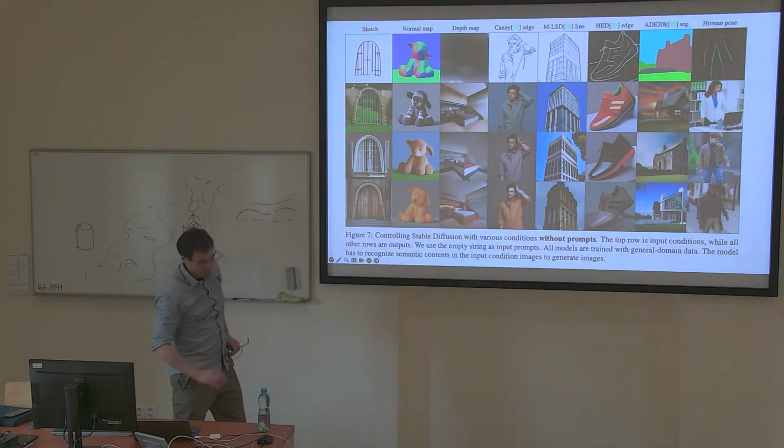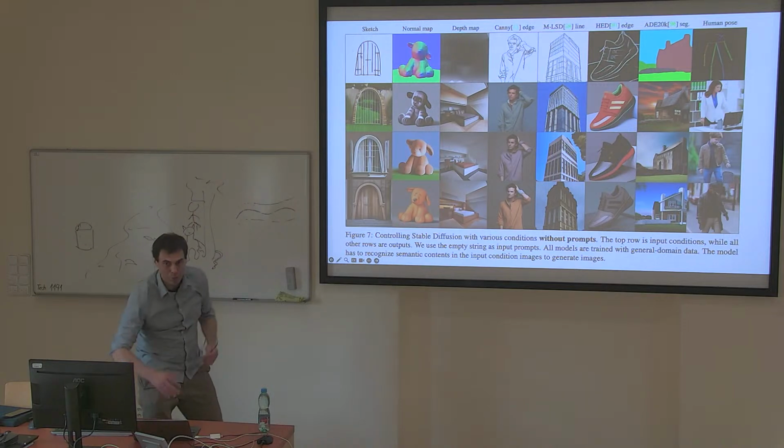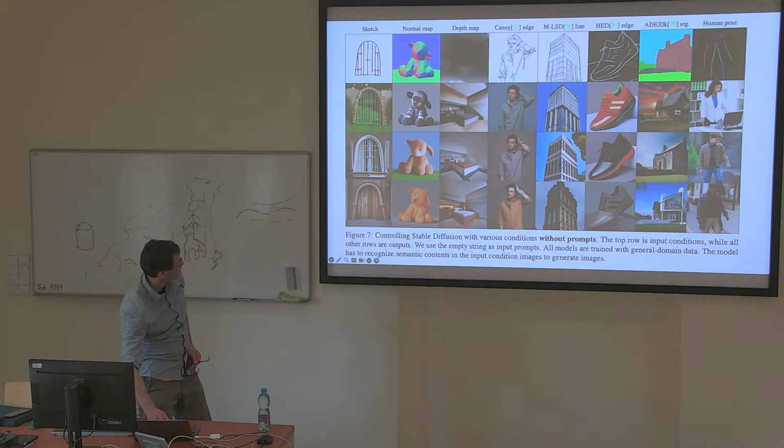So here at the top is the conditioning, and then there are different generations. It allows you to control better. It's called ControlNet, the output. If you put edges, it will generate different kinds of images with this edge structure.